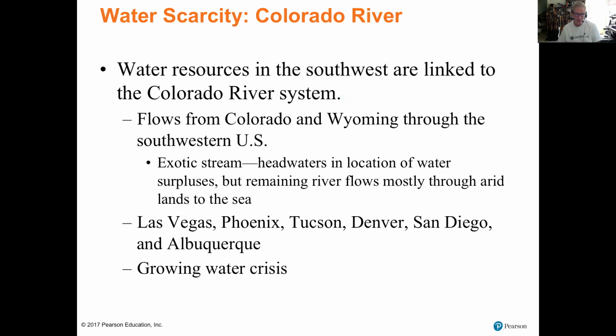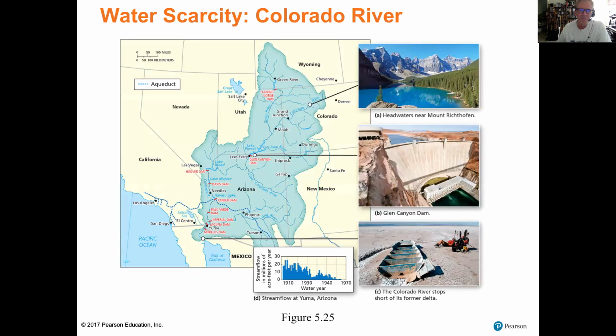The water from the Colorado River system is responsible for Las Vegas, Phoenix, Tucson, Denver, San Diego, and Albuquerque. But as the population in some of these cities, especially Phoenix, continues to rise, we get these growing water crises where the demand for water exceeds the actual supply.